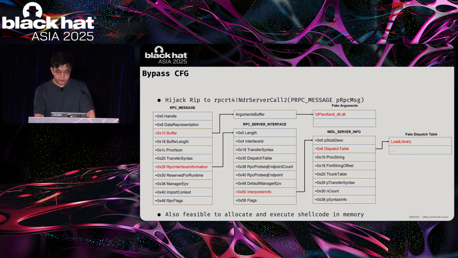This function is in the whitelist of the CFG and has only one parameter, PRPC message, whose structure is as follows. As the figure shows, if we forge the RPC message structure and forge the dispatch table and buffer with the function and parameters we want to set, we can call any functions with any parameters. For example, we can let the remote server call the LoadLibrary function to load a malicious DLL.